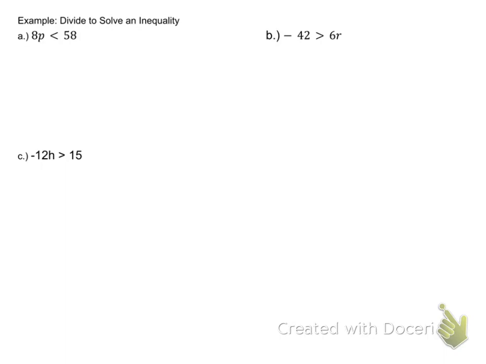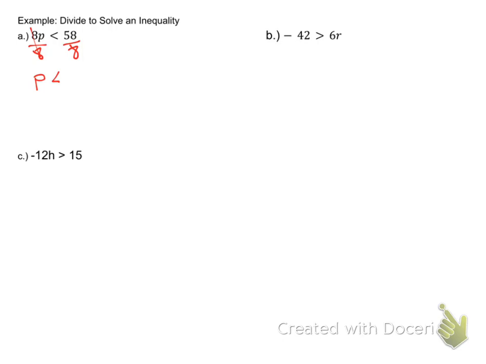How do we get p by itself? Divide by 8 to both sides. 8 is positive. Do I change the sign? No. 8 divided by 8 is 1, so it's gone.